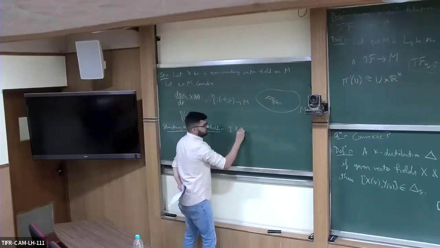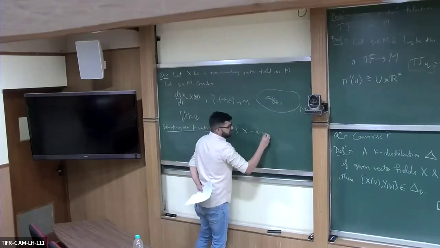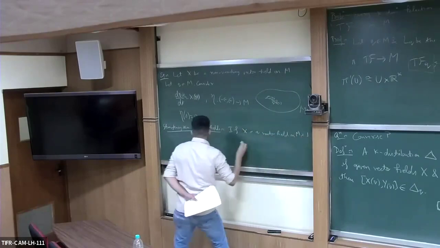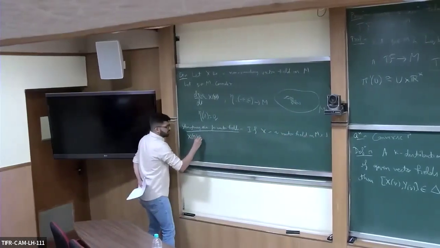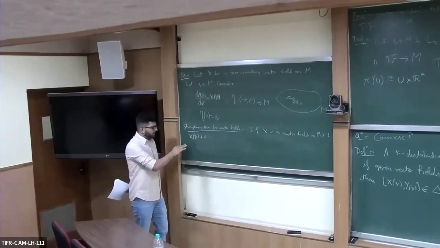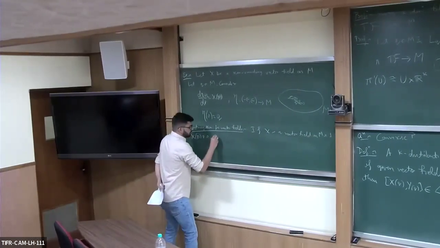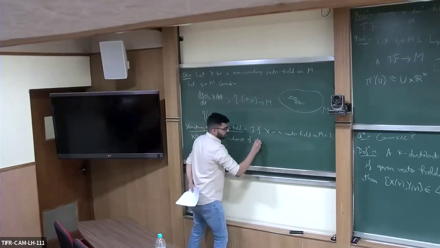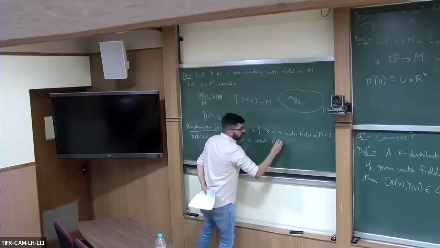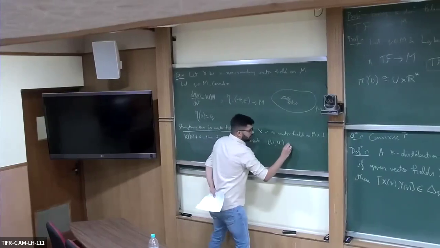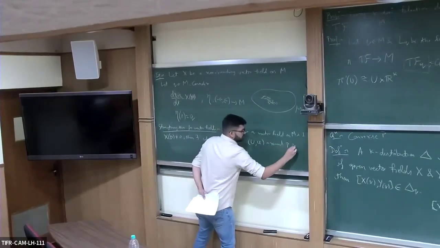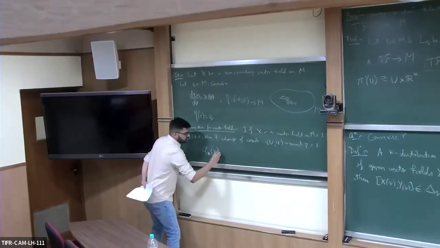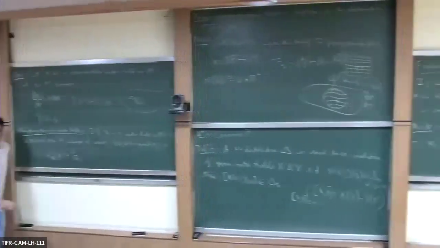It says that if X is a vector field on M such that X at a point P is non-zero, it does not vanish at this point P, then there exists a change of coordinates on a neighborhood U of P such that in these coordinates the vector field looks like this constant vector field ∂/∂x1.